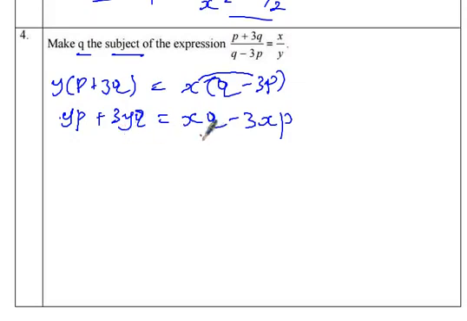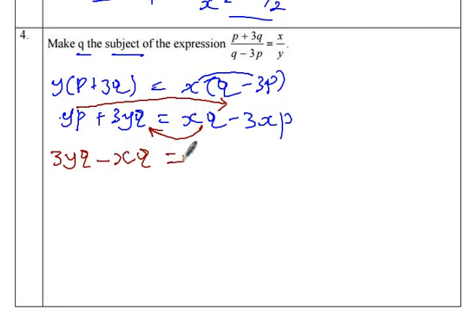Now after that, since we need terms with q to be put on one side, allow me to have the q terms on the left hand side. So I want to bring this to this side, and now that this term has no q, I'll take it to the other side. So now I'll write 3yq, it is positive, then when this term crosses the equal sign, it becomes minus xq, is equal to, now this term that has remained is minus 3xp, and at the same time when this term crosses the equal sign, it also becomes minus yp.